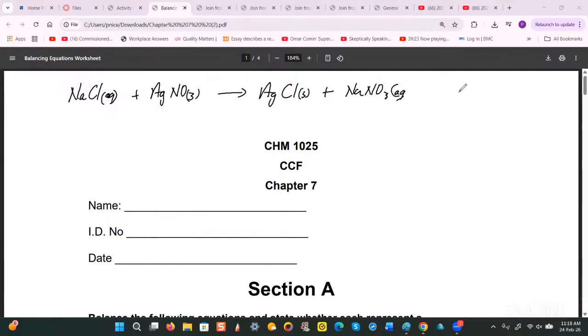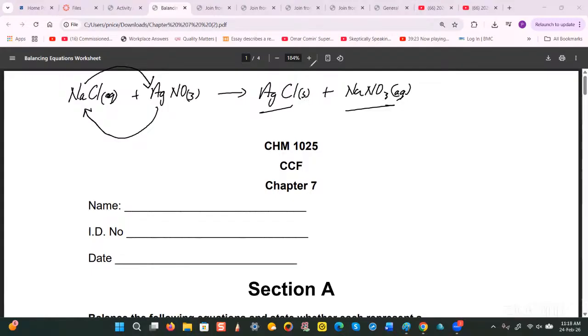We call this a double displacement reaction because as you go from reactants to products, there's an exchange of ions between the two compounds. The sodium will displace the silver from the silver nitrate, and at the same time, the silver displaces the sodium from the sodium chloride. The result is two products, one of which will be a solid.